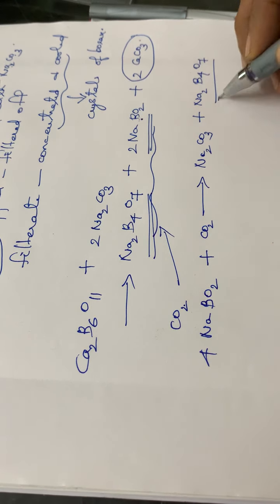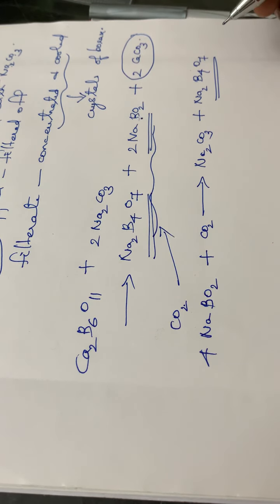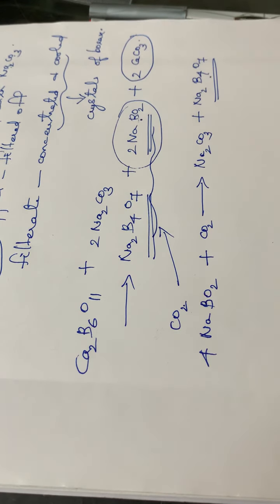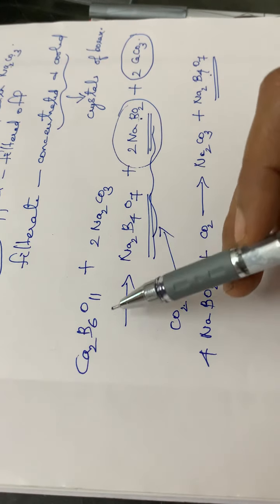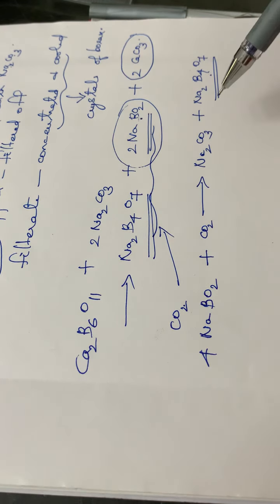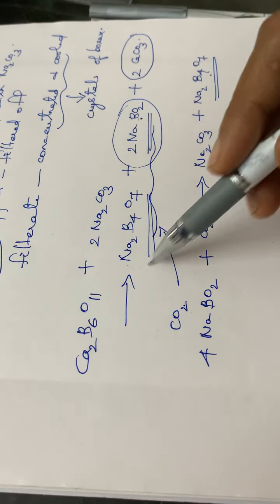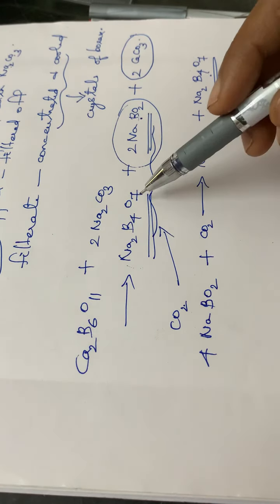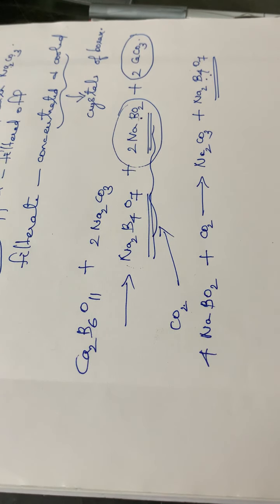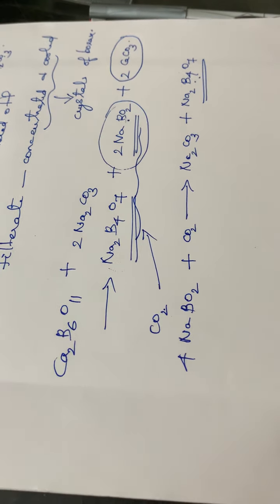Again we obtain crystals of borax, so the metaborate is also converted to borax. That is the first method of preparation of borax, from colemanite mineral.